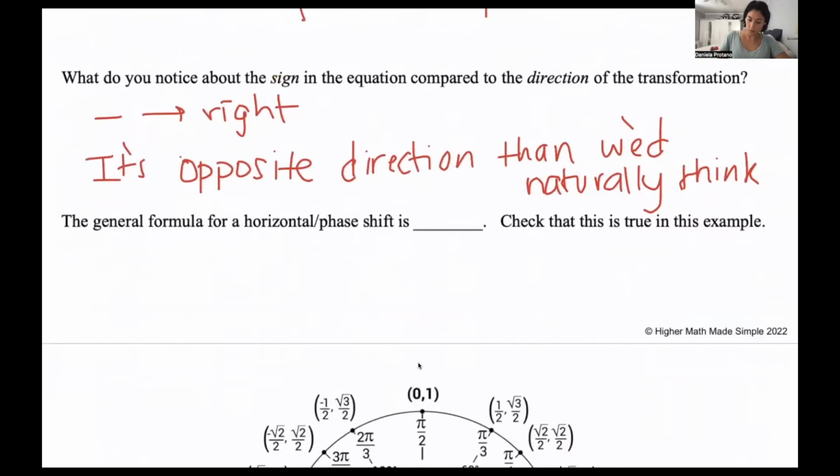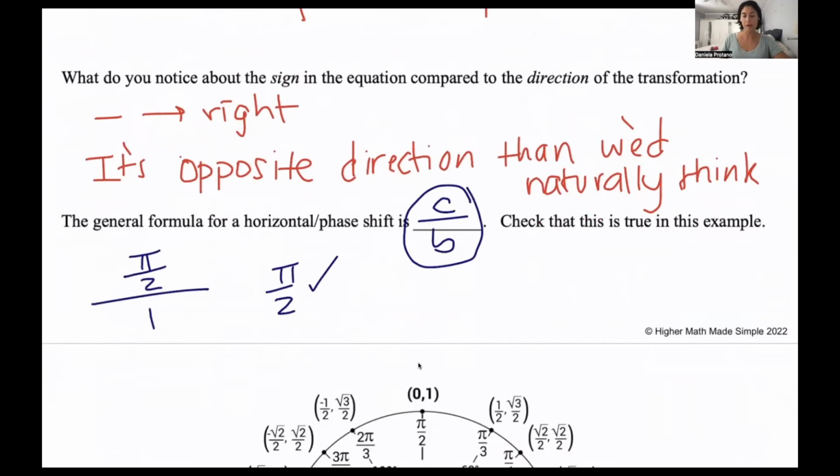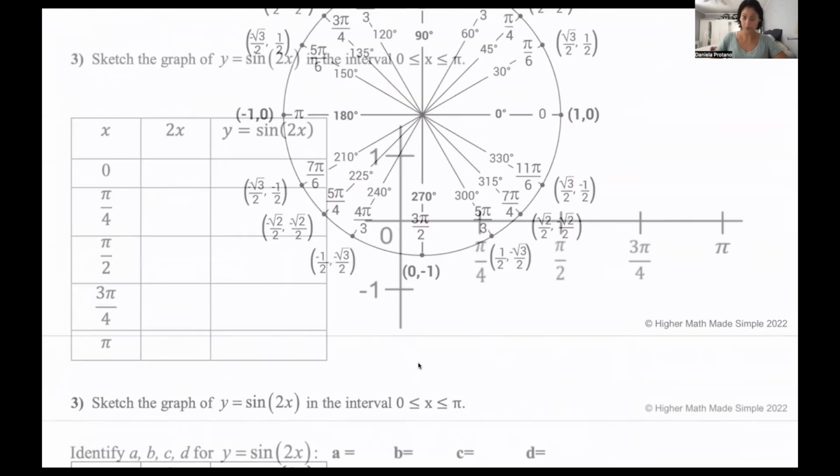Okay, and so the general formula for the phase shift, which we talked about before, so here it is again, it's the c value divided by the b value. And so the c value was positive pi over 2, the b value was 1, pi over 2 divided by 1 does give us the correct starting value, which again, we'll see when we graph.